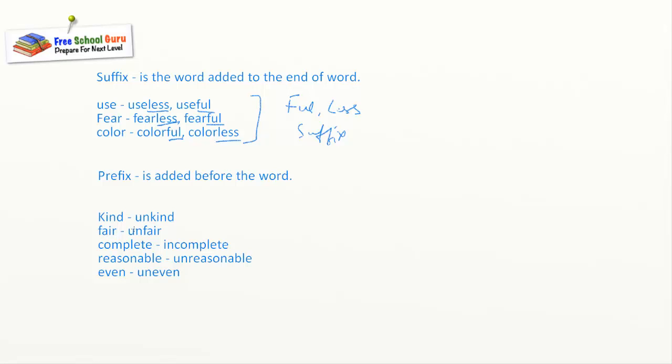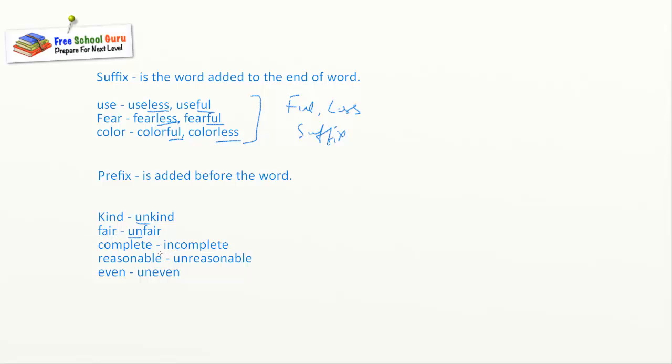So kind, we said unkind, which means we have an opposite meaning of kind. Fair, unfair. We have changed the meaning of the word, and unfair means opposite to fair.